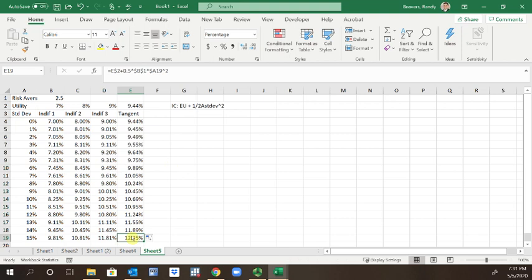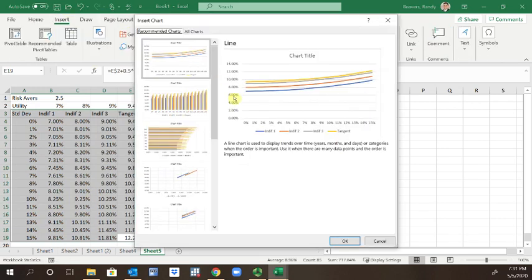So now we'll have three curves that we'll draw. The standard deviation, and these are expected returns that we've calculated here. So if I insert this, recommend charts.